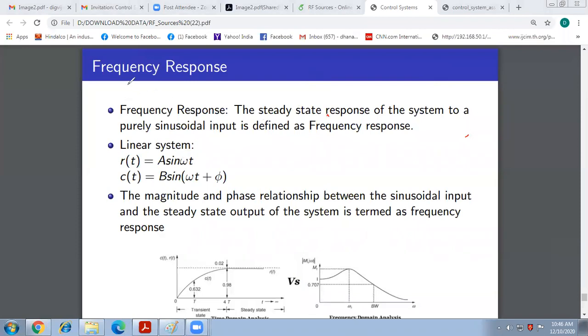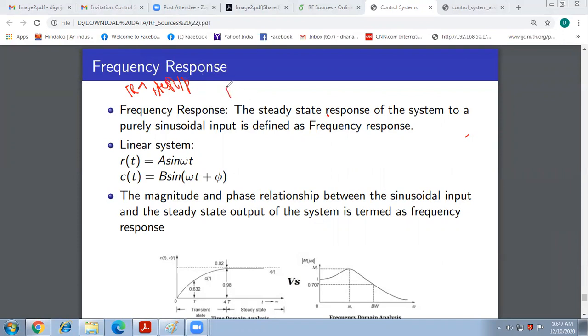Most of the cases we use a step input, or you can use ramp or parabolic input, but one mostly used is a step input, since the transient part of the response is independent of the input and depends on system poles. So once studied for a step input, it need not be subjected to ramp and parabolic input. Our conclusion will remain the same.